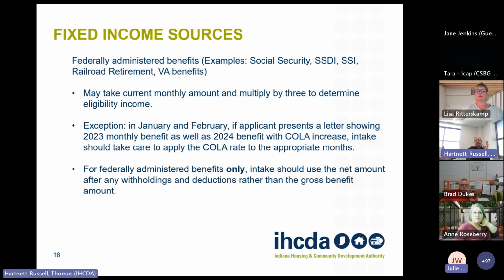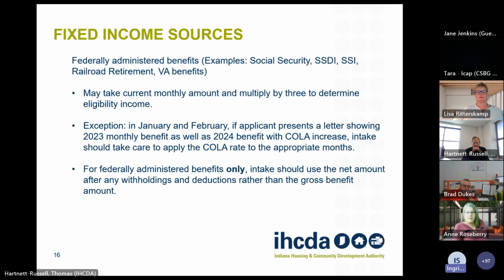If what they provide is that letter that specifically says, you know, you're getting a COLA adjustment, here's your 2023 rate, here's your 2024 rate, if it explicitly says that, that information should be applied to their situation. But if they just give you a bank statement or an update letter that's like, here's your 2024 amount without mentioning what the increase was and what the 2023 amount had been, just use what they give you. Okay, thanks.